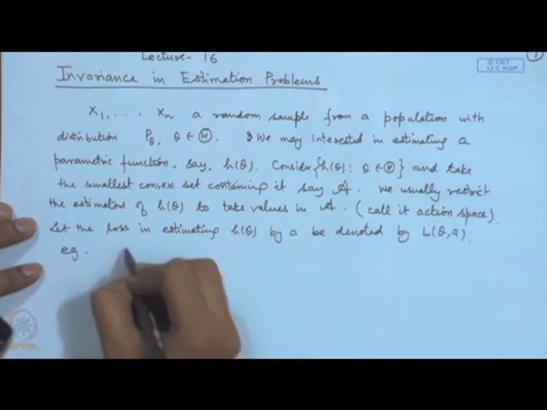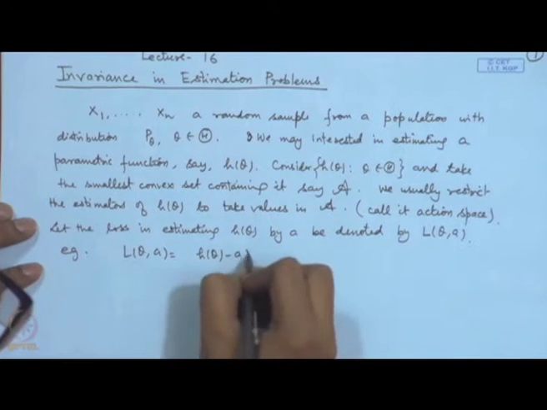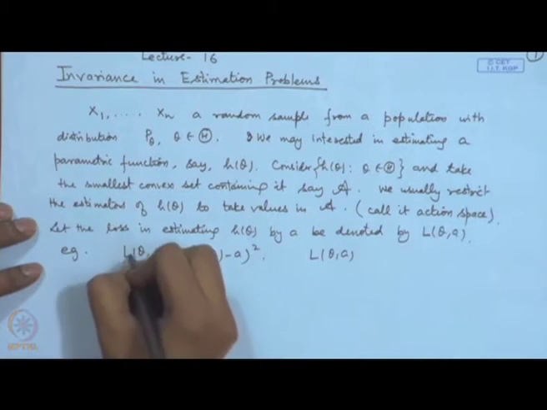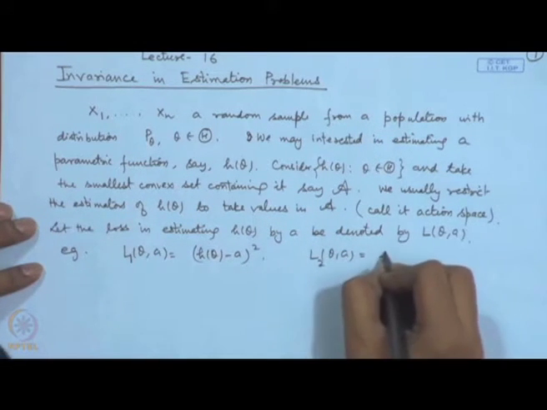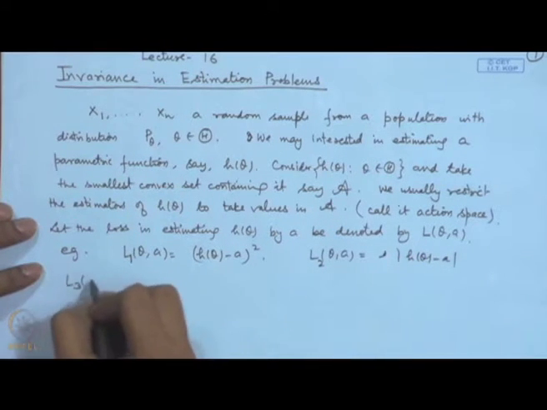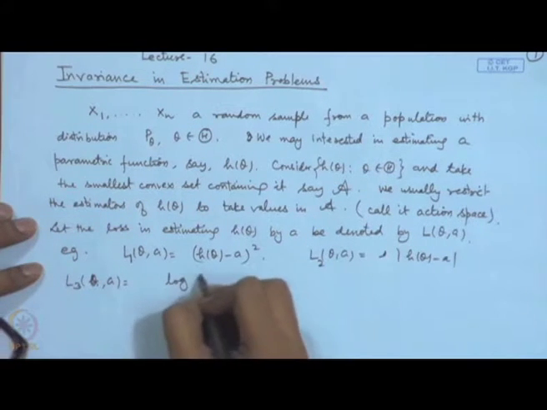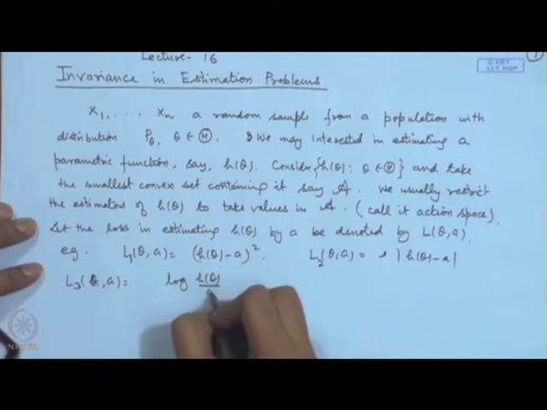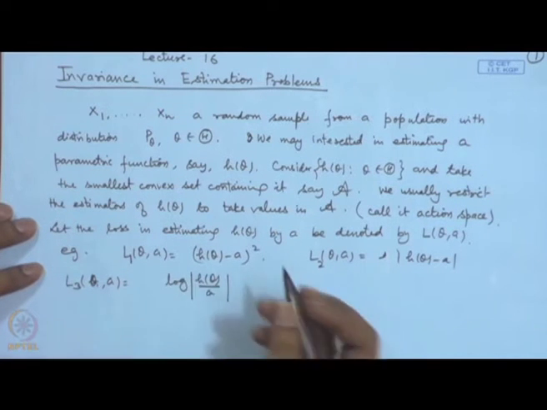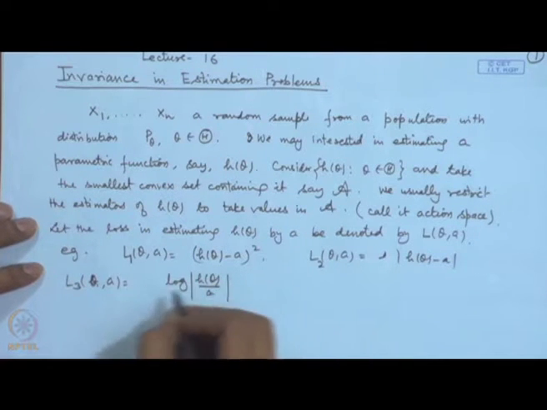For example, L 1 could be h theta minus a, whole square. L 2 could be, for example, modulus of h theta minus a. We may take L 3 as, say, modulus of log of h theta by a, and like that we can define various such things. These are called loss functions.